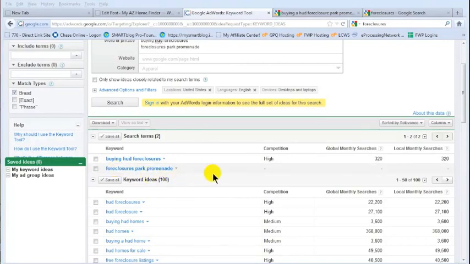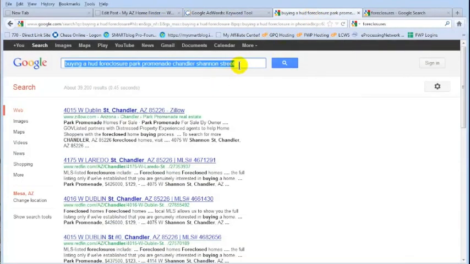for foreclosures Park Promenade, the opportunity for you is actually great in the long run, because of what's called the long tail keyword or long tail search term, which means there are a lot of searches that we never optimize for, but if we have that combination of keywords in our website somehow, we have a greater chance of coming up. And the longer the search term is, the theory is, the more focused the searcher is in getting information.